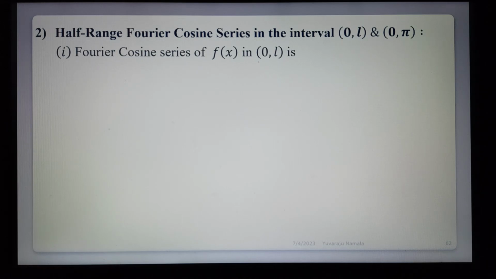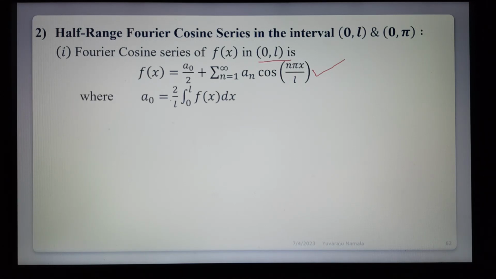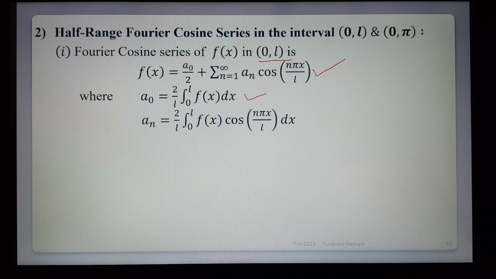In the interval 0 comma L it is given by f of x equal to a0 by 2 plus summation n equal to 1 to infinity an cos n pi x by L. Here bn is zero and we find only a0 and an, where a0 is equal to 2 by L integration 0 to L f of x dx, and an is equal to 2 by L integration 0 to L f of x cos n pi x by L dx.